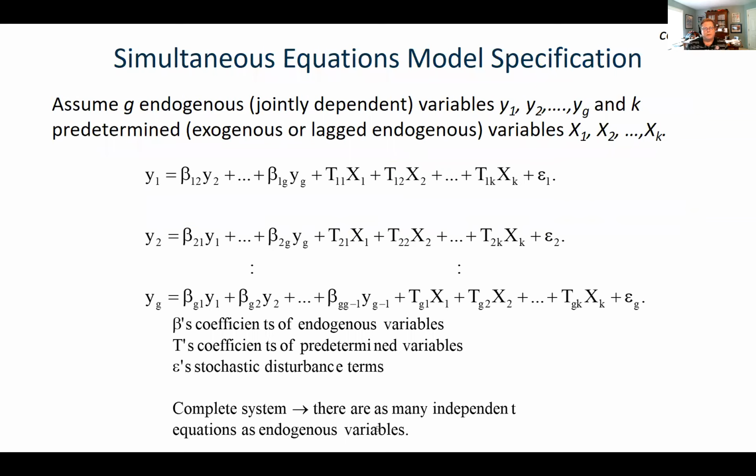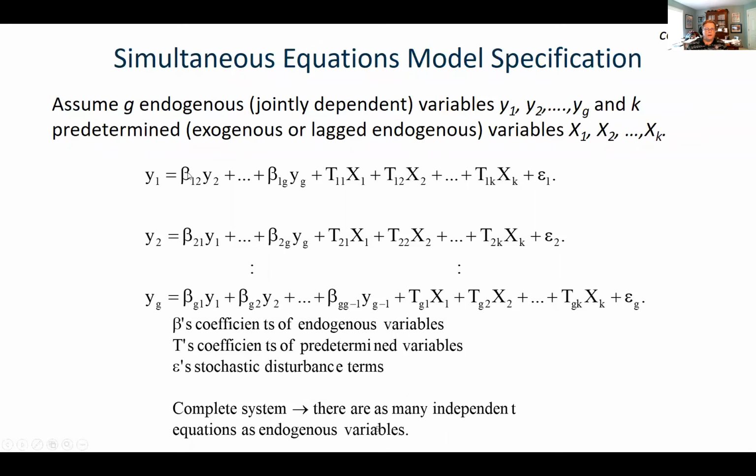It's hard to come up with a generic representation of simultaneous equation models, but I've attempted to do that here. So in this slide, if you'll note, there are G endogenous variables, Y1, Y2, YG. These are going to be jointly dependent.